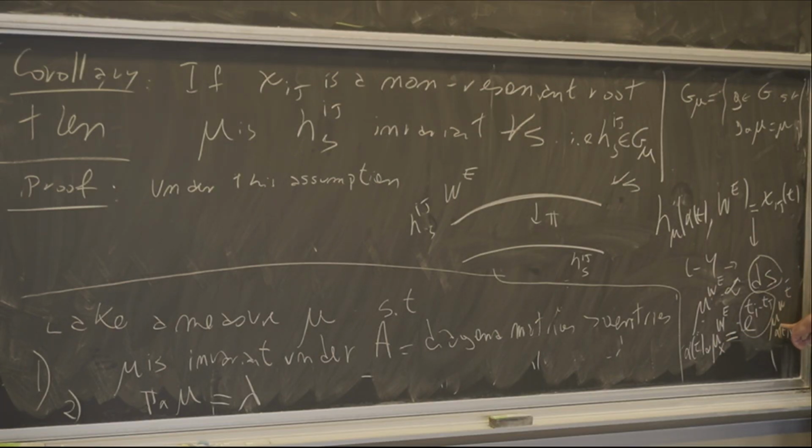It's not a general fact. Okay, so what is this proportionality constant is sort of a mystery. It's a cocycle, and the log of this multiplicative cocycle is an additive cocycle, and this additive cocycle has as integral the Lyapunov exponent with some weights or something.